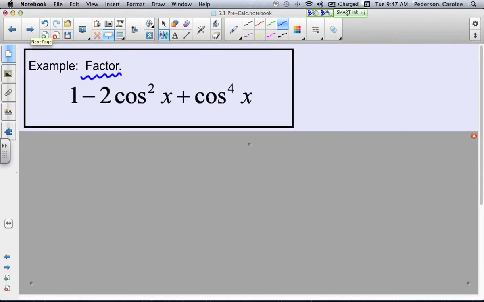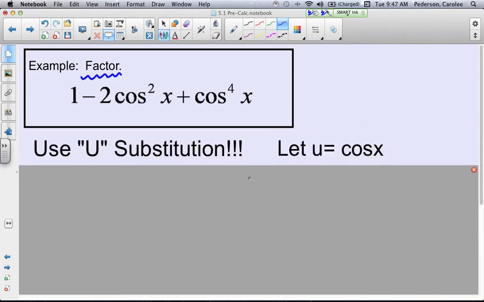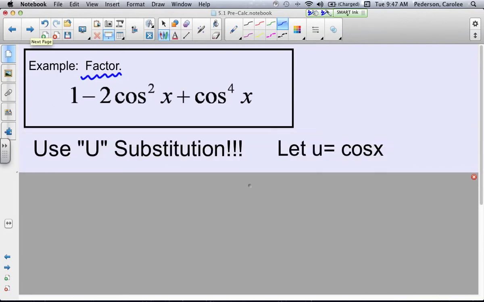Factor, factor, factor. Some textbooks change the factoring so that you don't have to worry about that trig function in there. What they call that method of factoring is U substitution, where they replace every cosine of x with the letter U, so it's a little easier to recognize the factoring methods.